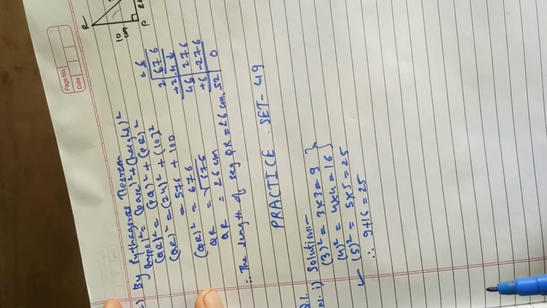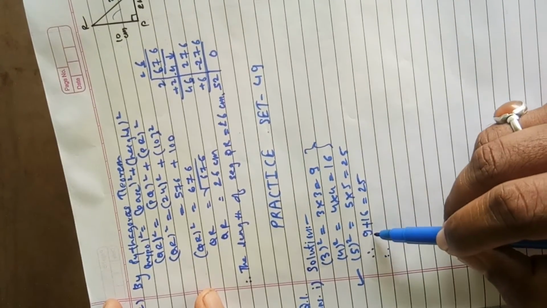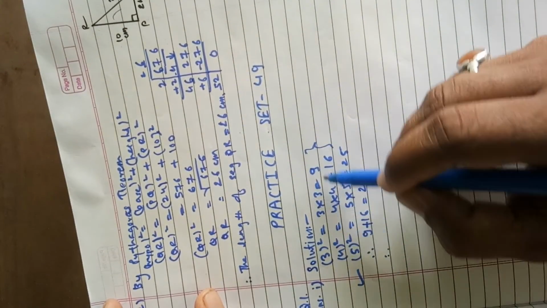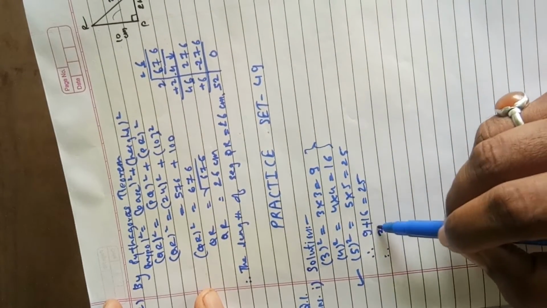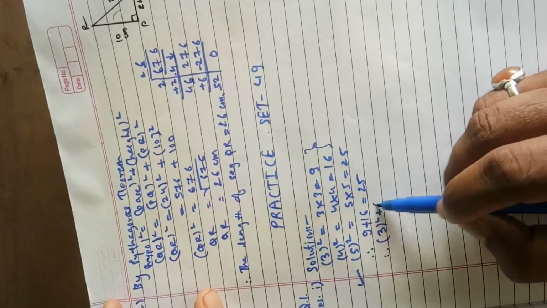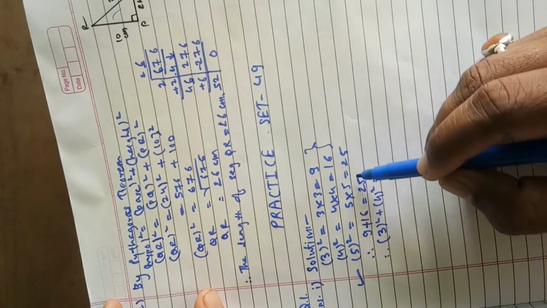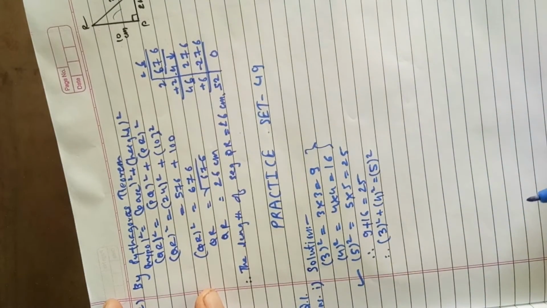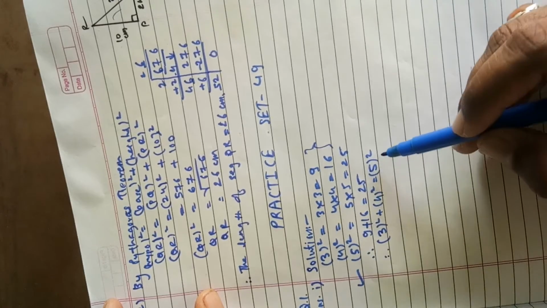And this will give us the proof of what? That the square root of 9 is 3, square of 3 is 9. So here 3 square plus, the square root of 16 is 4, 4 square is equal to, and the square root of 25 is 5, is 5 square. So you have got your idea that 3 square plus 4 square is equal to 5 square.